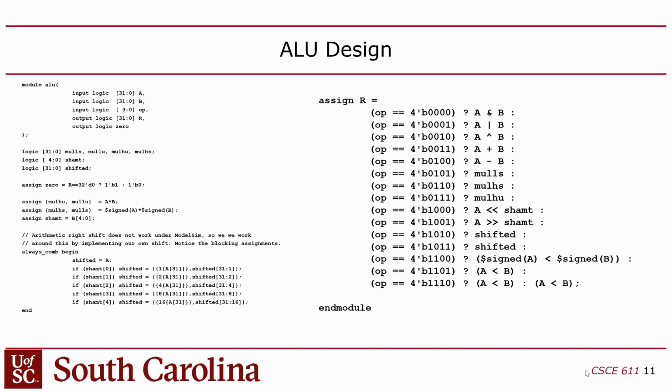Now you might say, wait a minute, I thought you said that Verilog has a shift operator. Why didn't you just use the shift? Why did you do this crazy logarithmic shifter? We never could figure that out. We tried to use the Verilog shift. We couldn't make it work in here, so we ended up building it at a lower level of abstraction, where we did shifts, but not using the Verilog shift operator.